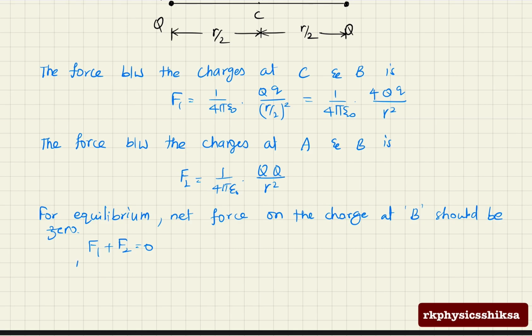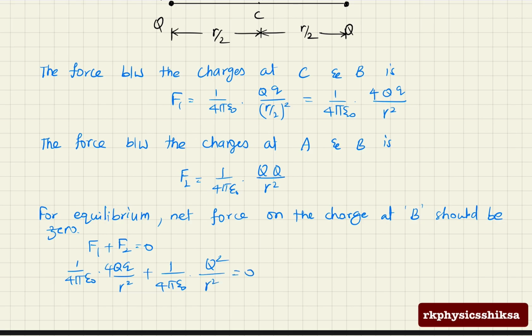From there I can write 1 by 4 pi epsilon naught into 4 capital Q into small q divided by r square, plus 1 by 4 pi epsilon naught into capital Q square by r square, is equal to 0.